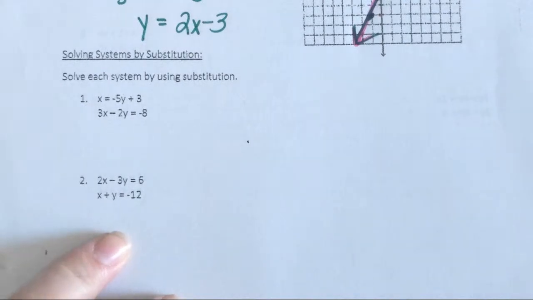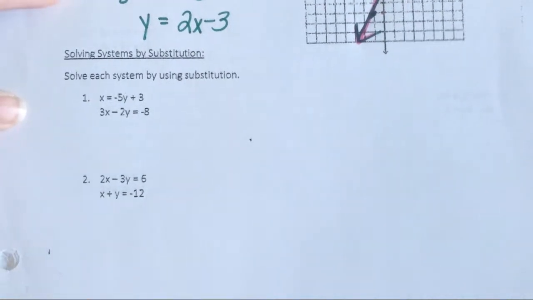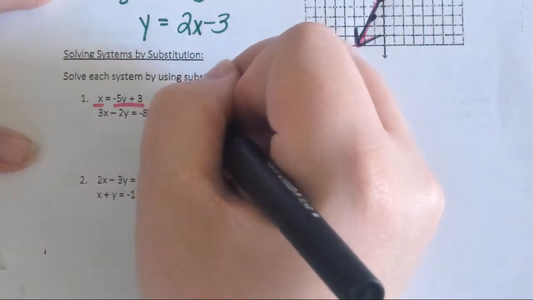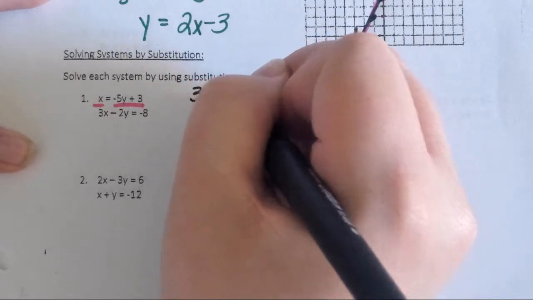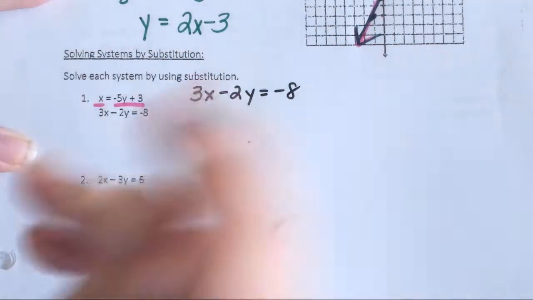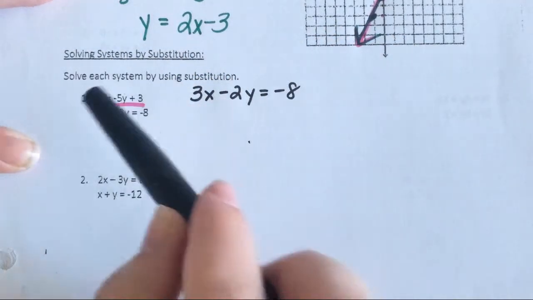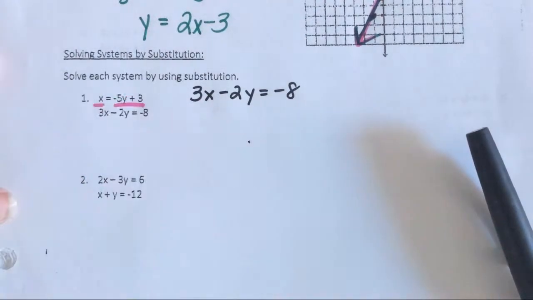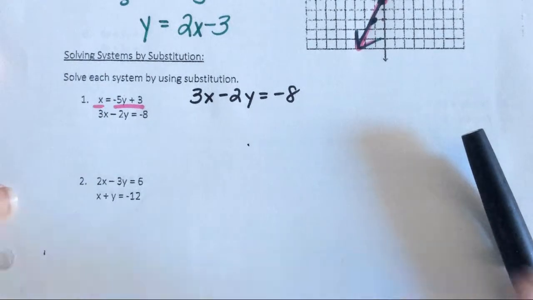So our first problem is actually set up perfectly for substitution. We see x is equal to this. So everywhere in that second equation, it used to be 3x minus 2y equals negative 8. But now, I'm going to substitute out x, and instead of using x, I'm going to use his replacement, negative 5y plus 3.